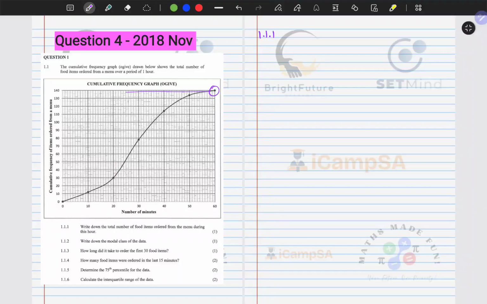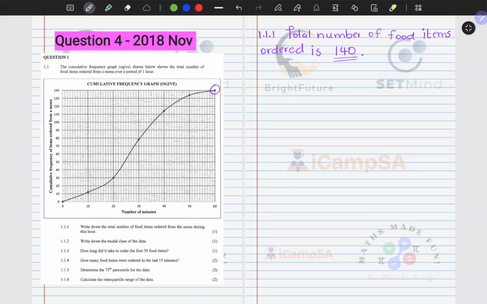So what we see here, that becomes our total number. Okay. So the total number of food items ordered will be 140. So that is our answer, guys, 140.